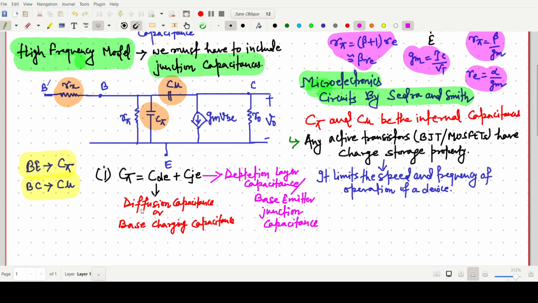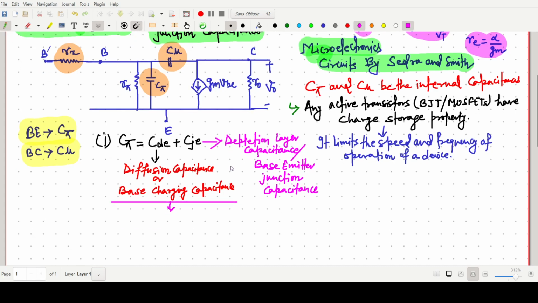So now first we will discuss this term. Sorry, first we have to go for the CDE. So base charging or diffusion capacitance.